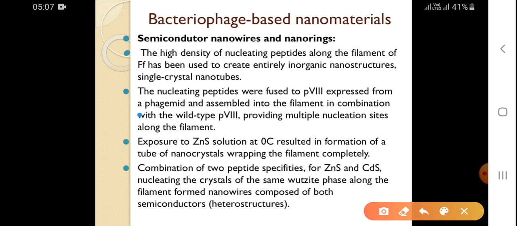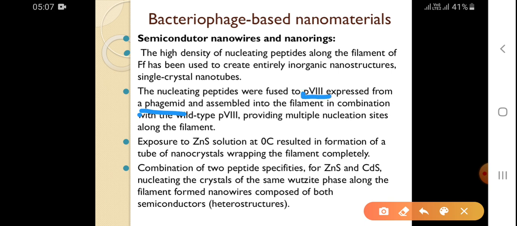Now what is a phage? Phage, remember, are hybrid vectors. They are constructed with fusion of M13 and bacterial plasmids. So plasmids and phage vectors fuse together. The hybrid makes up a phage. So the phage here expresses the P8.